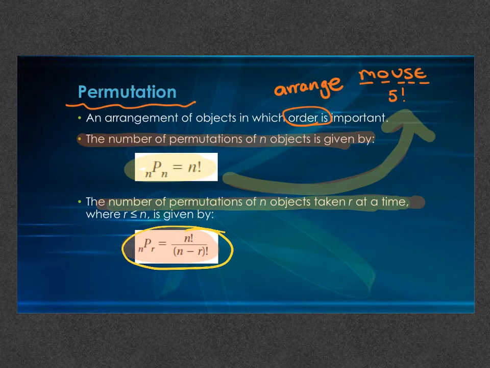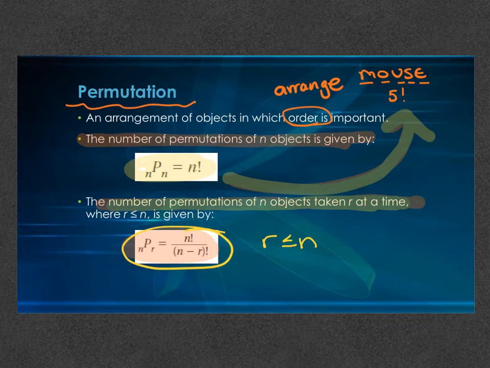The r is the number of objects you're taking. The n is the total amount of objects. So r will always be less than or equal to n. It can never be bigger than n. I can't have a basket of 10 things and ask you how do you arrange 11 of those 10 things, right? It has to be less than it.